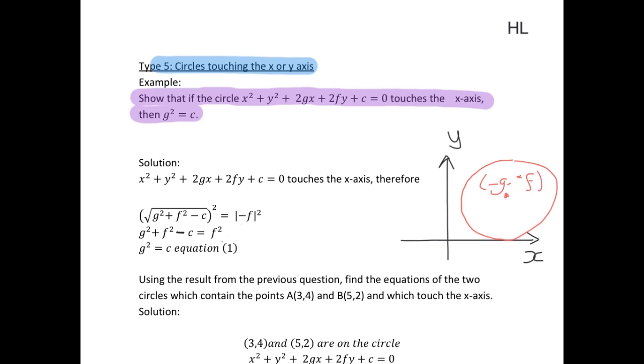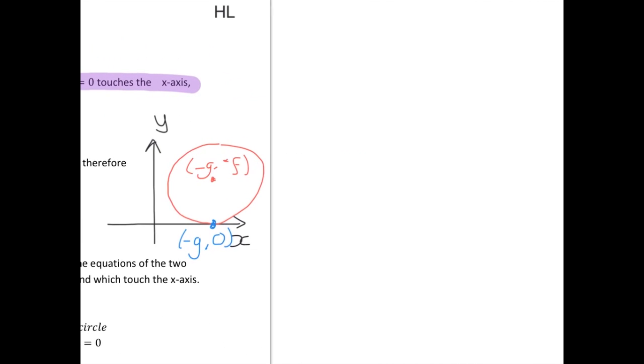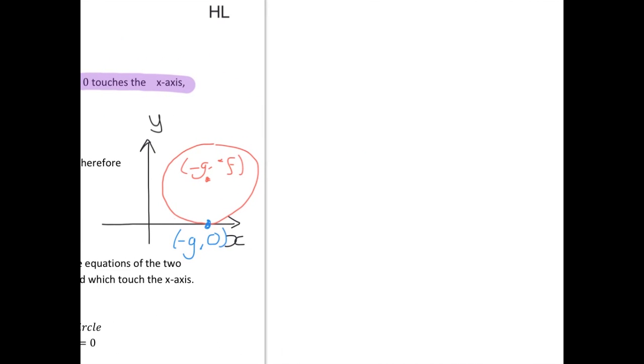What we can see here is that if I was to look at this point here where it touches the x-axis, we can see that our x value is minus g, but our y value now is 0. So once I've done that, what I can look at here is the distance between these 2 points.